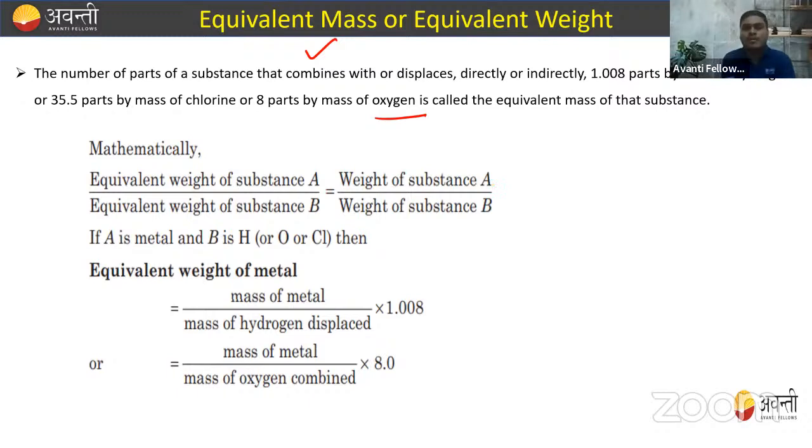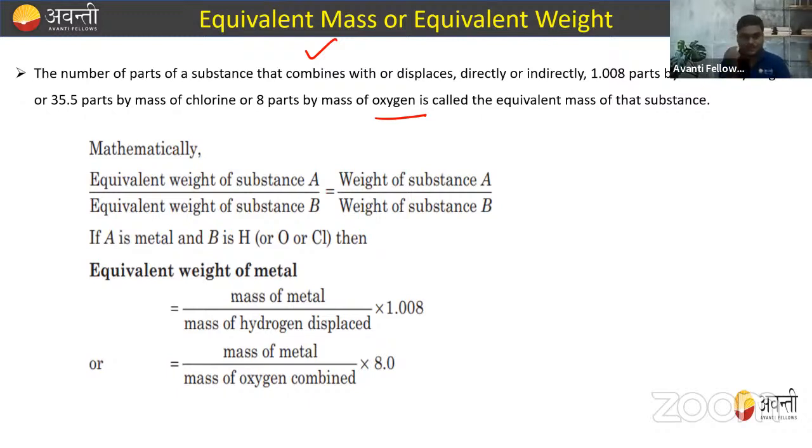Always remember. So कब बोलेंगे equivalent mass बेटा? यानी the number of parts of the substance that combine with या displace करे directly, चाहे 1.008 parts of hydrogen हो या 35.5 parts of chlorine हो या 8 parts of oxygen हो. That is called the equivalent mass.